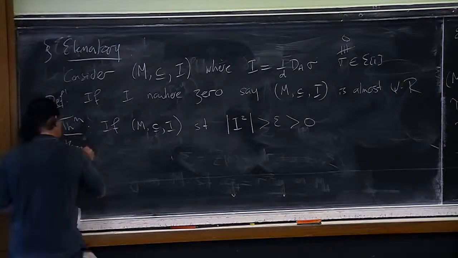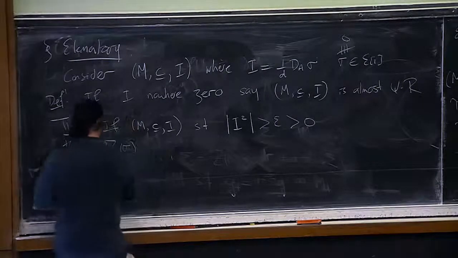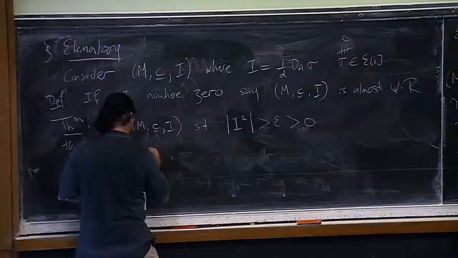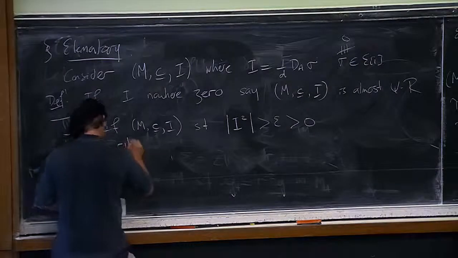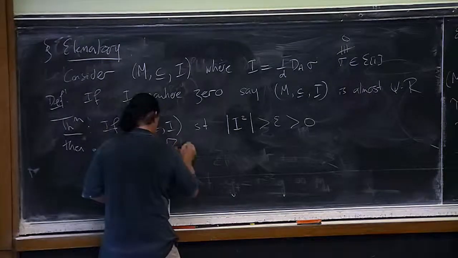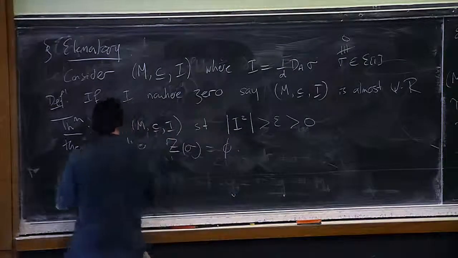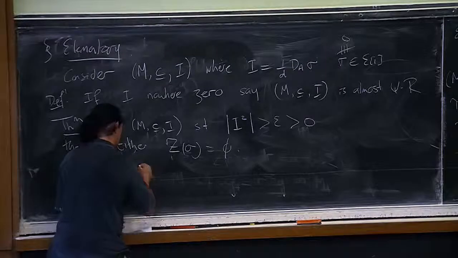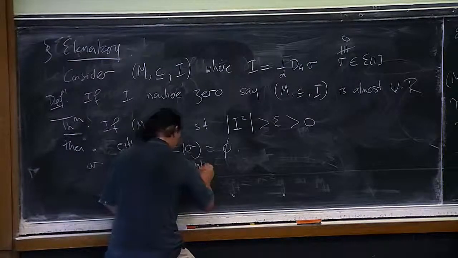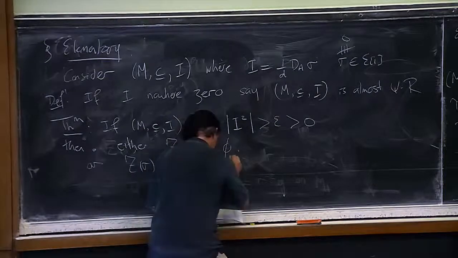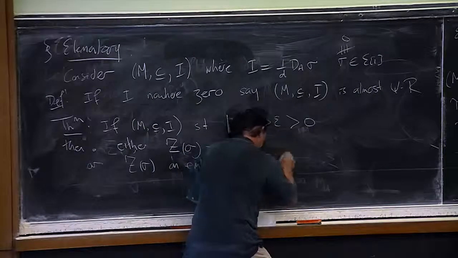Then the 0 locus of sigma is either the empty set, which is always possible, as I say, or it's a hypersurface. It's smooth, but I'll drop that word. So it's an embedded separating hypersurface.